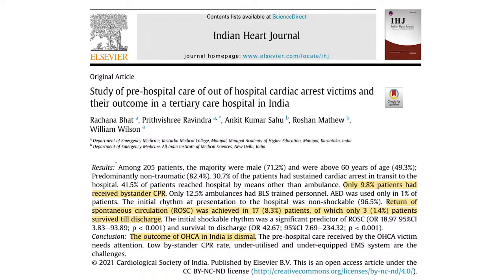So again, the outcome of out-of-hospital cardiac arrest in India is very dismal. There is a need to improve awareness regarding layman CPR, so that we can hope to improve these numbers.